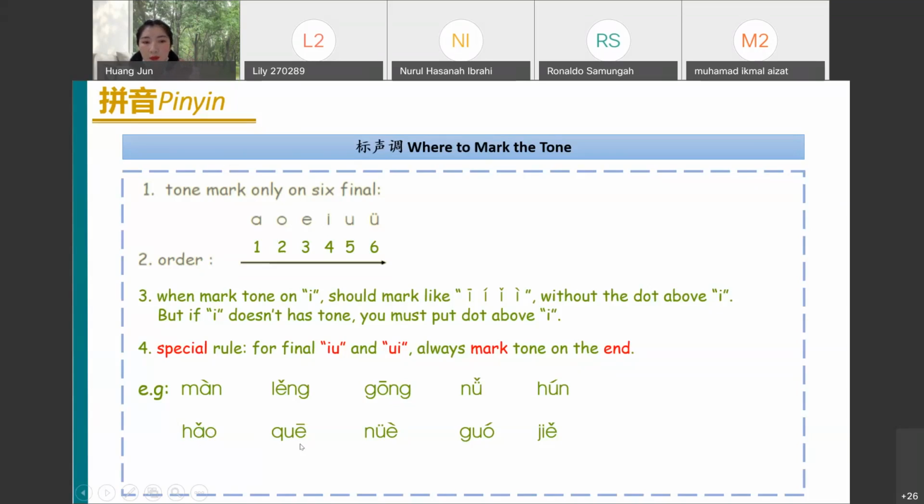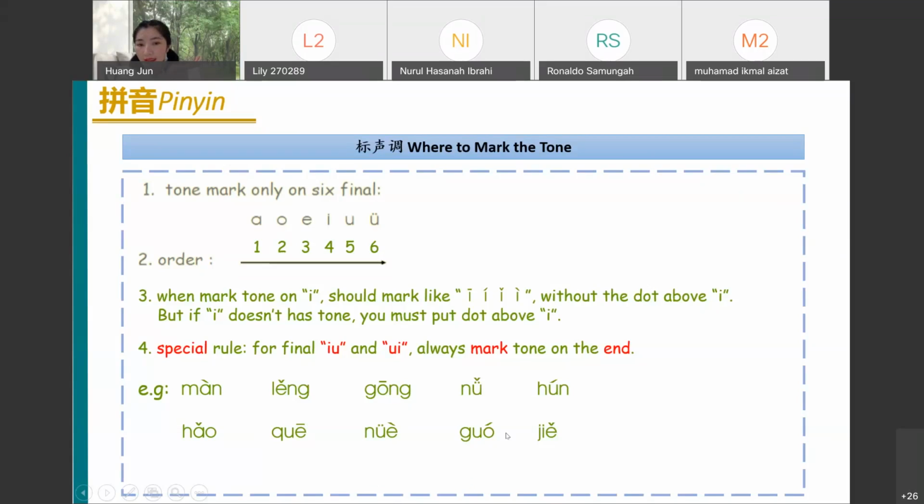Then, like this example, que over here: U is number 5, E is number 3, so E is the front one, so you mark the tone on the letter E. Then here also, yue: Ü is number 6, E is number 3, so you always mark on the front letter.